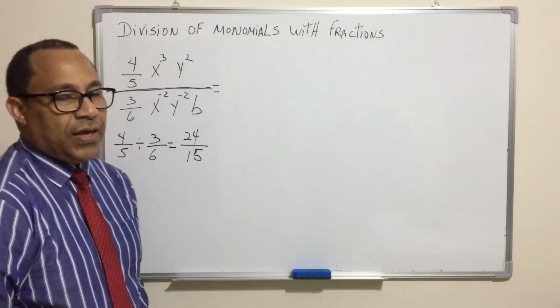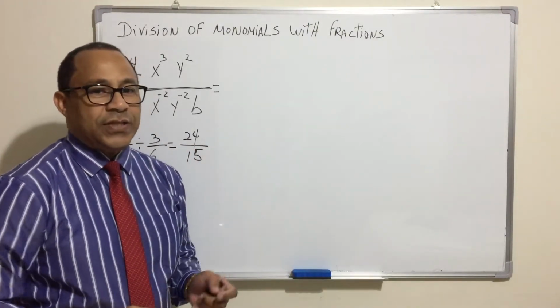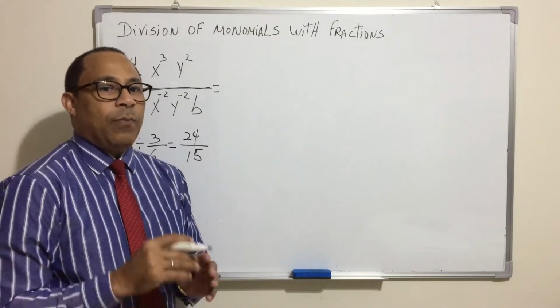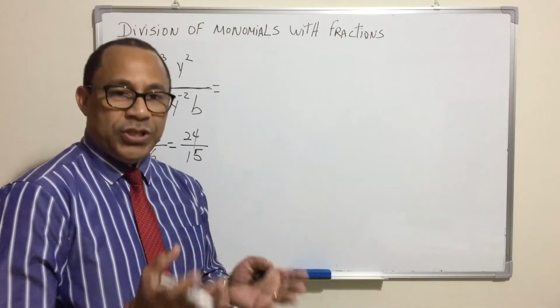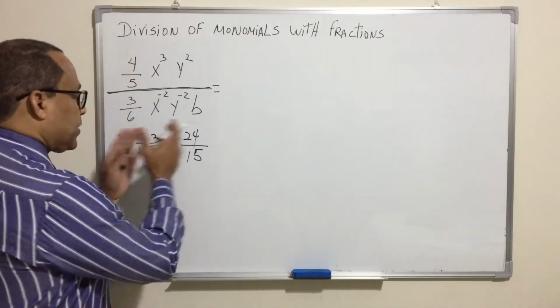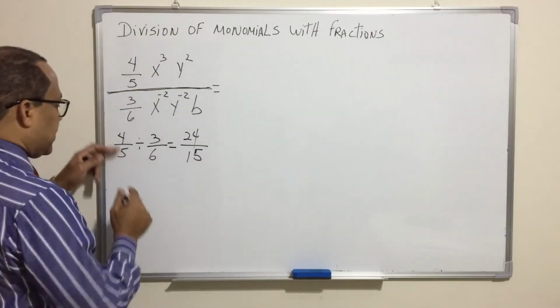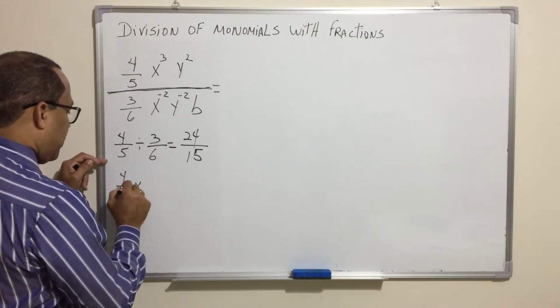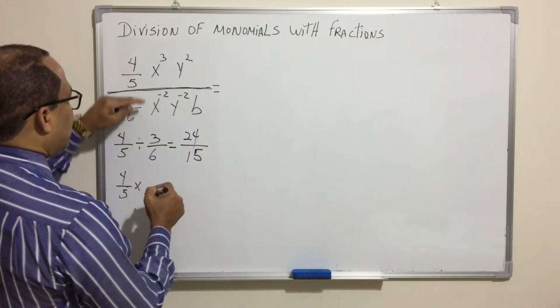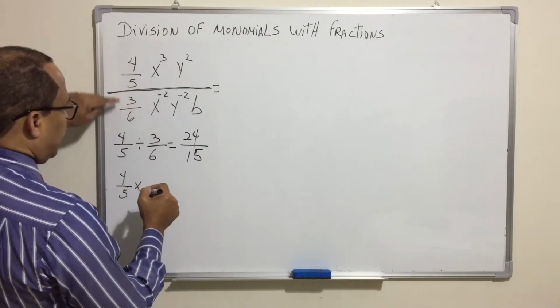Let me remind you that dividing fractions is the same as multiplying times the reciprocal of the second fraction. I'm just going to show you the same process. This is the same as 4/5 multiplied by the reciprocal of the second fraction.